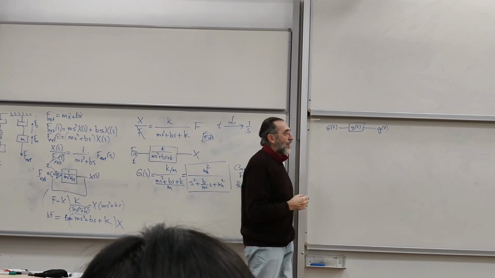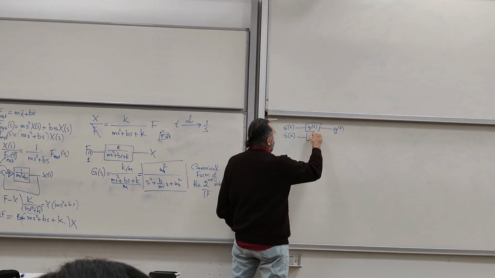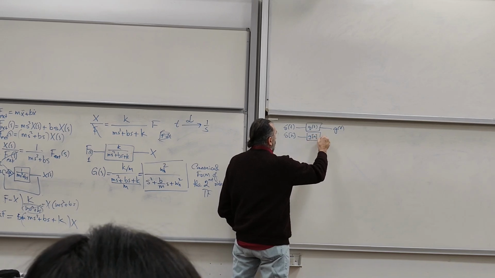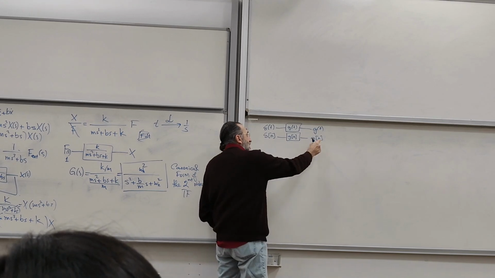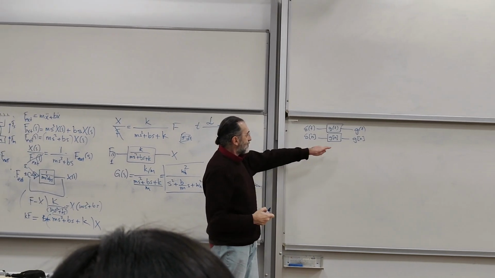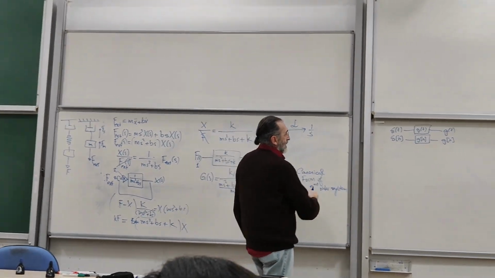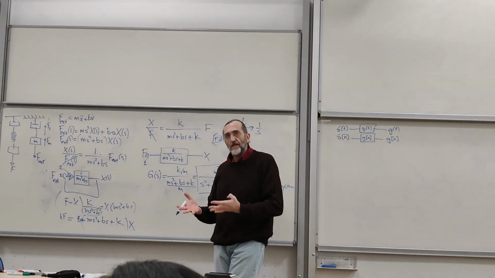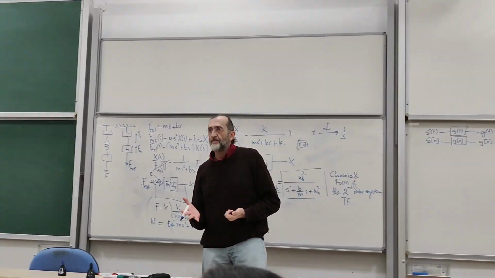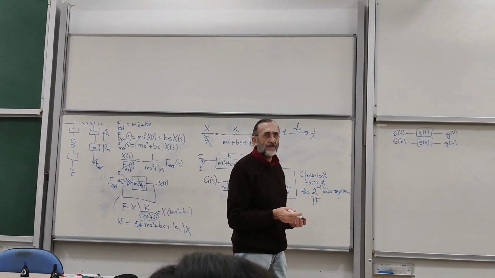If you give the delta of n into a discrete system, you get the discrete system itself. That's why g of n that we use to describe the transfer function of the system is actually the unit response of the system. So the transfer function is the same thing as the unit response. Unit impulse system. You understand that, right?